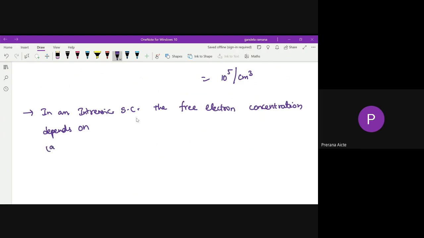Option A, effective mass of electrons only. Option B, effective mass of holes only. Option C, temperature of the semiconductor.